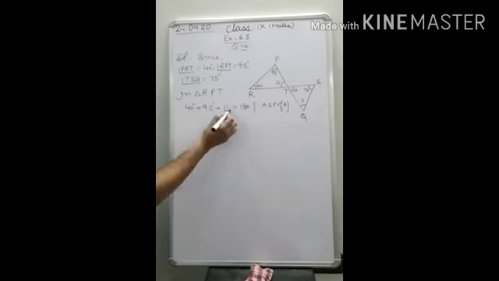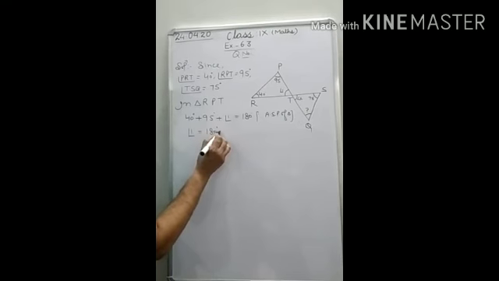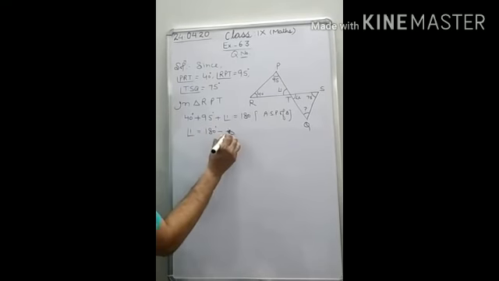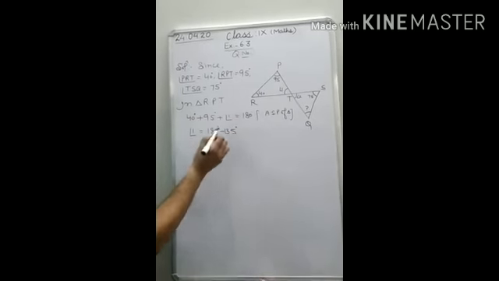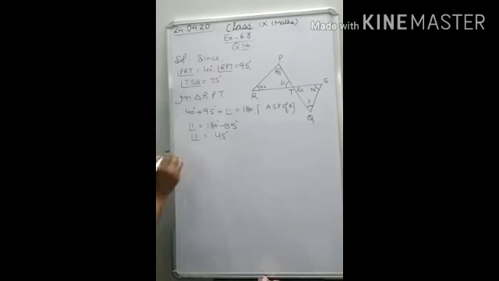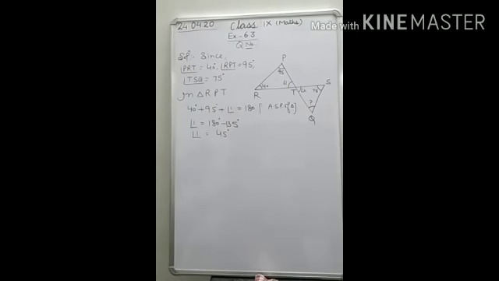Now from here you have to find the measure of angle 1. It will be 180 minus the sum of these two, 5 plus 0, 5 and 9 plus 4, it is 13. So how much will be left? Angle 1 will be 45 degrees. Now with the help of angle 1, you have to find the measure of angle 2.